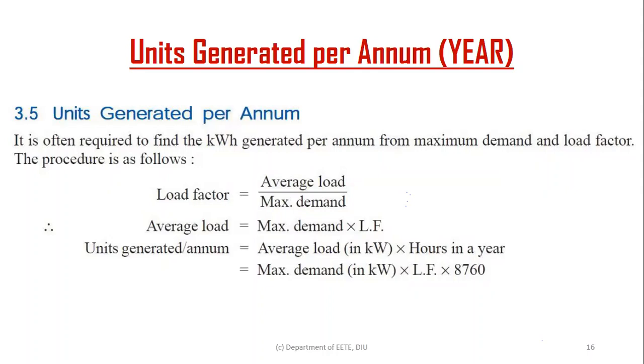If we multiply the average load with the hours of the whole year, in the whole year the total hours is 8760, we will get the total units generated per year. So we just replace the average load with maximum demand into load factor, and the hours in a year is 8760. So this is the representation for finding units generated per annum or per year.